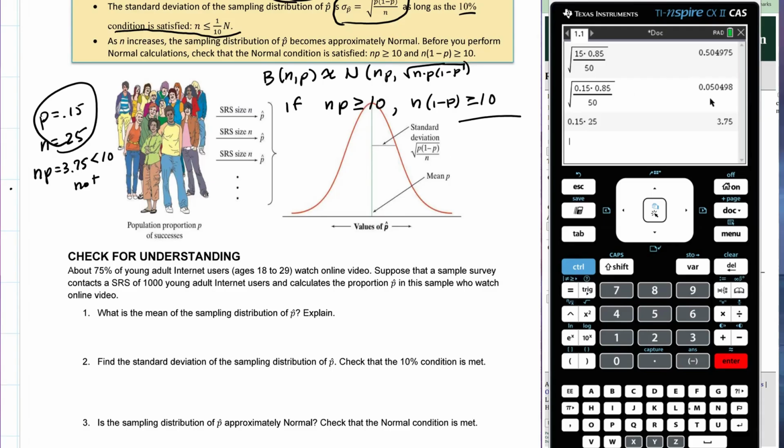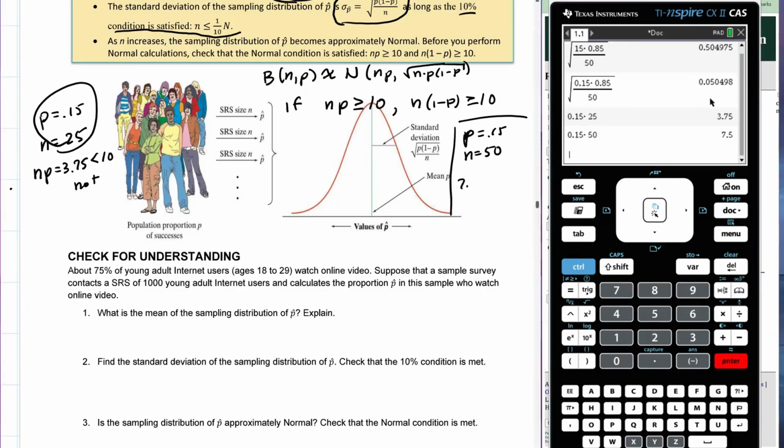Whereas when p was 0.15 and n was 50, 0.15 times 50. Ooh, 7.5. 7.5 is less than 10. So this would also have made us suspect that this was not normal.